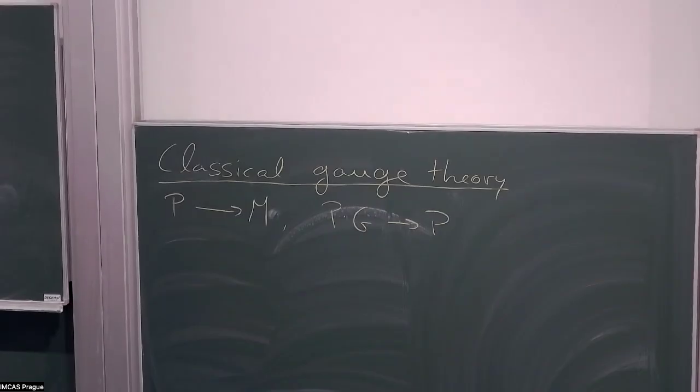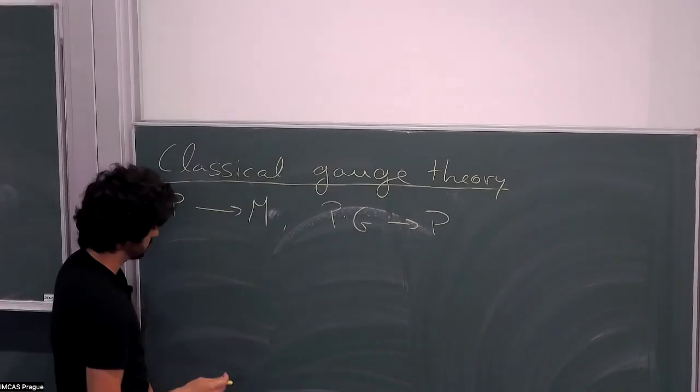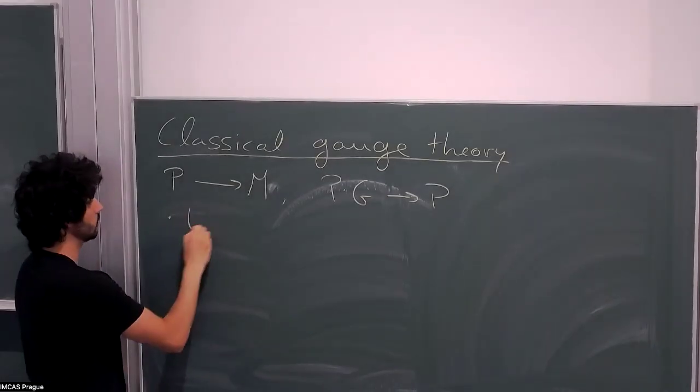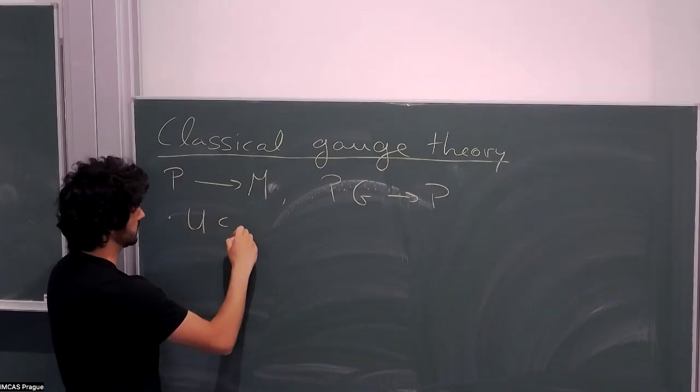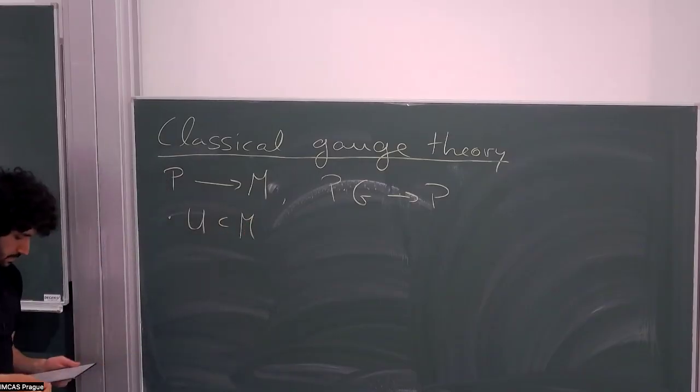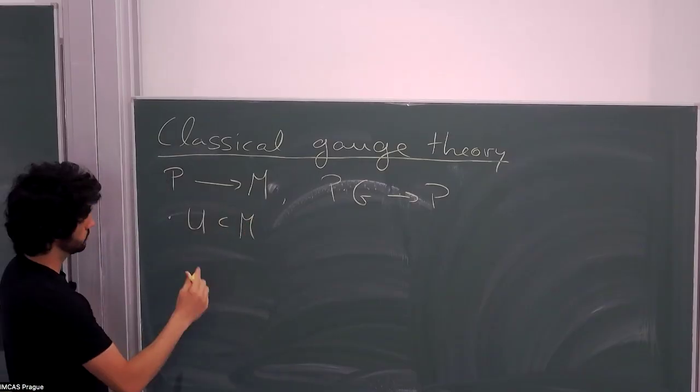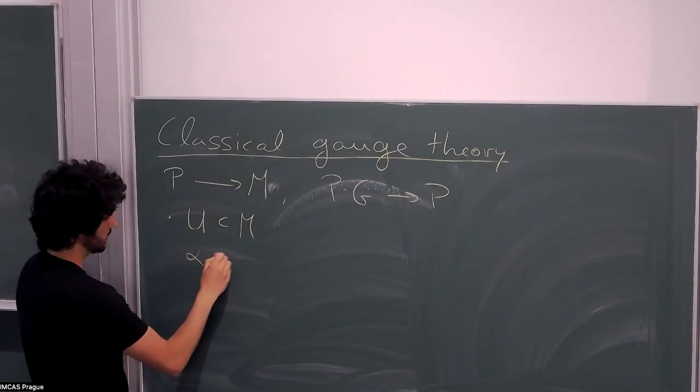Then in order to construct gauge theory, if we have a local open set in M, we want to consider a connection.